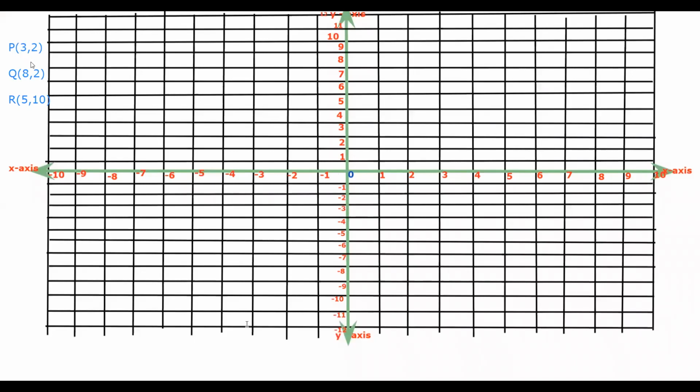So the 3 here belongs to the X. So you are going to check the positive side of the X axis. And we said the horizontal line here is called the X axis. So our 3 will be here. And then the 2 is also the positive of what?